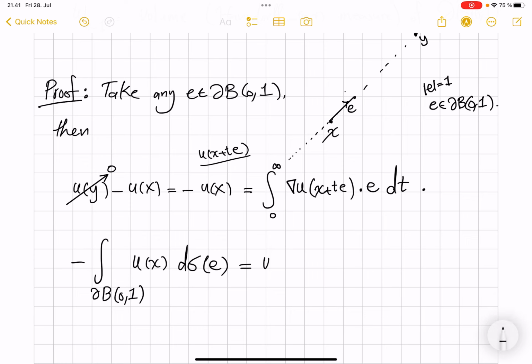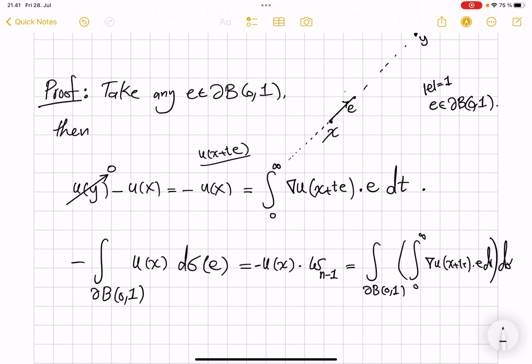So this is nothing but u of x times the volume of the unit sphere, which we denote by ω_{n-1}, a constant depending only on n. Then the right side becomes the integral over the unit sphere, and then the interior integral, which is 0 to infinity, gradient of u at x plus te, dot e, dt, and then dσ of e.